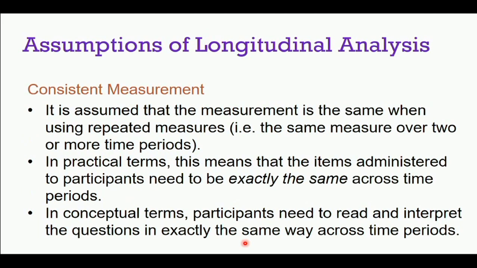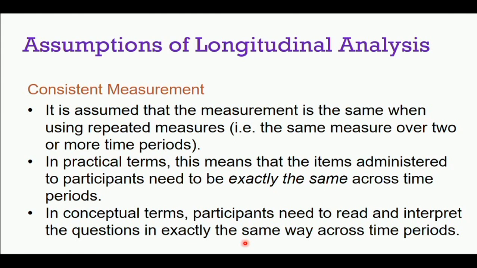Consistent measurement. Now, we have the same amount of time in the interval between our measurements. We don't do weekly measurements, then a yearly, and then back to weekly. So in practical terms, that means that the items administered to participants need to be exactly the same across time periods, using the same measures or at least consistent measures. In conceptual terms, participants need to read and interpret the questions in exactly the same way across time periods.